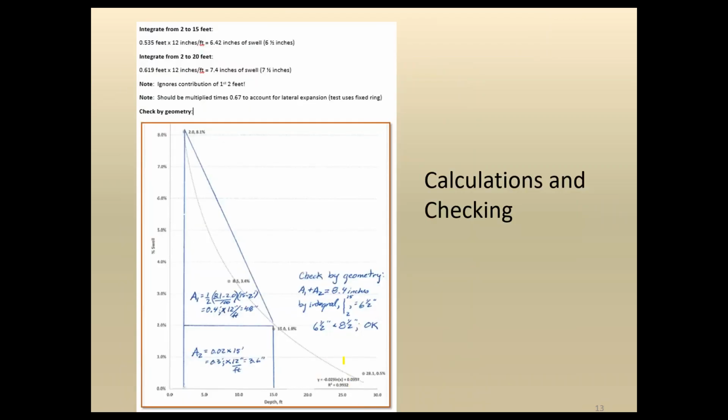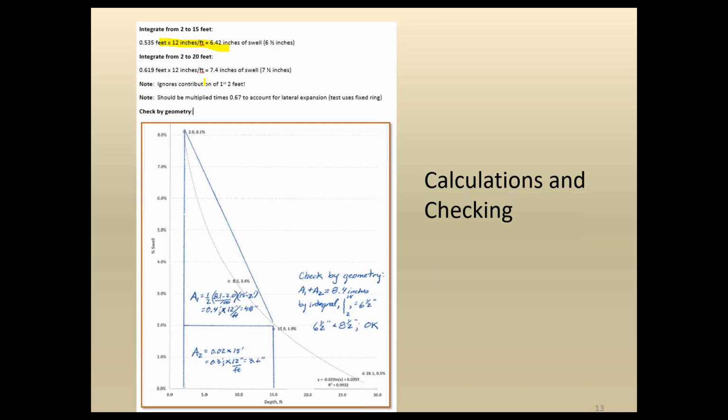So I have taken the numbers here, the 0.53 multiplied by 12 inches, and get about 6.5 inches of swell from 2 to 15 feet. And from 2 to 20 feet, about 7.5 inches of swell. And just an observation, in my calculations, I usually ignore, and in this case have ignored, the first 2 feet.